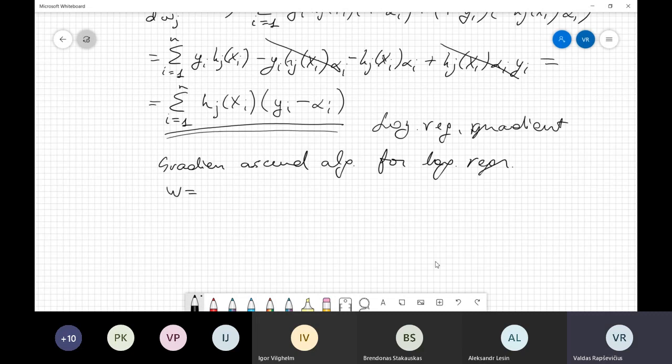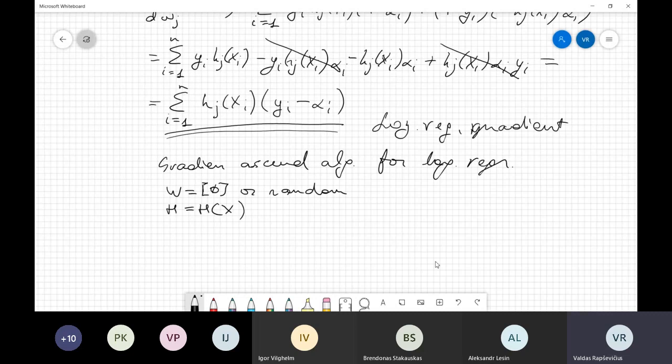Okay, so in it, initialize the weights with zeros or random. Then the feature vector equals the feature vector, yes. So you can pre-calculate that beforehand, right?